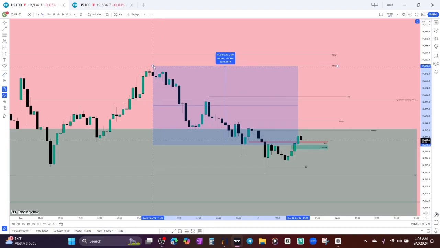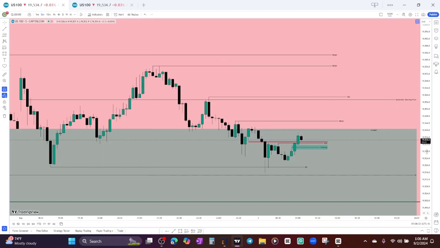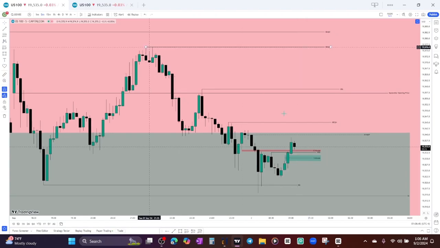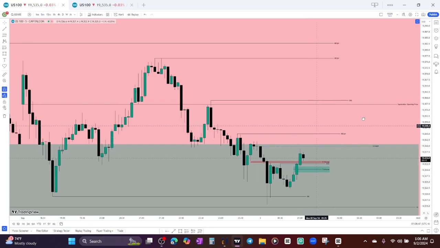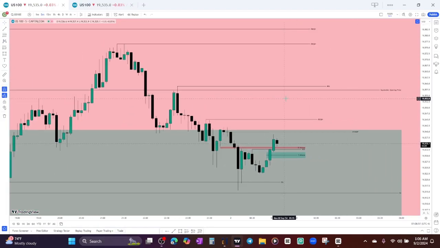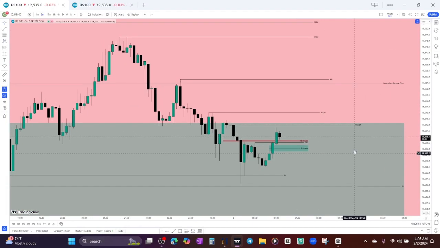This is the ideal target up here, where we have these really nice, really clean looking relative equal highs. That would be exactly where I want to see the market move to. So far, so good.